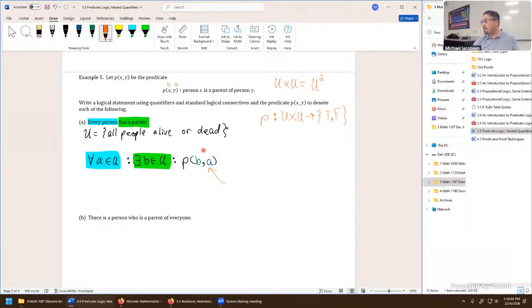We put a B here and an A here. So B and A, we're saying person B is a parent of person A. So that's then B and A in the statement.